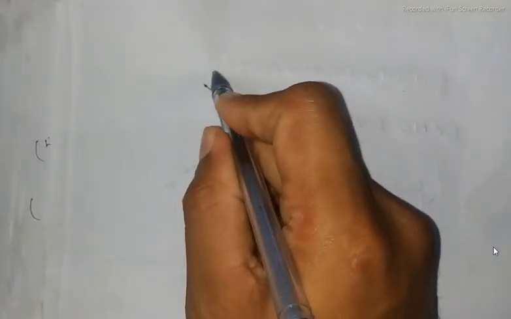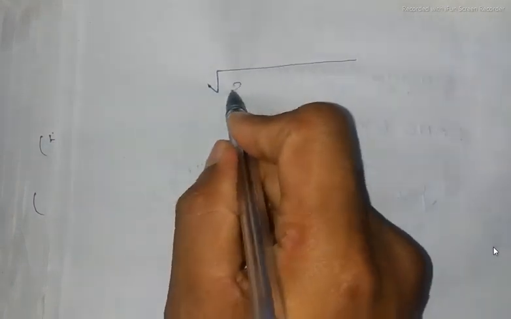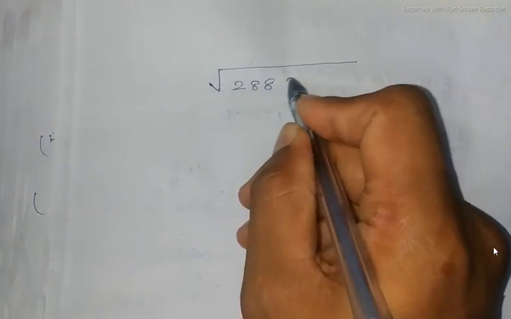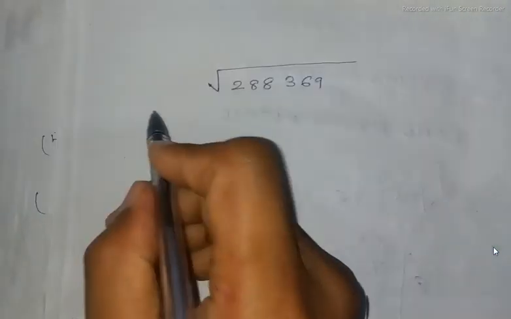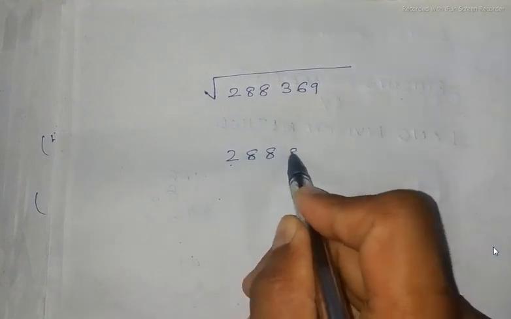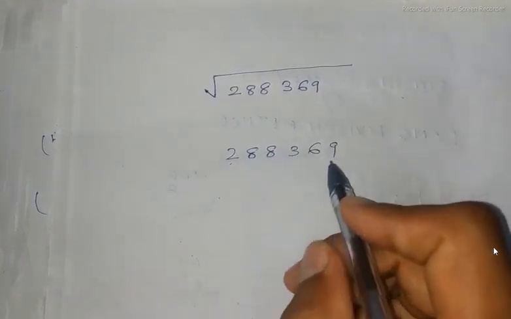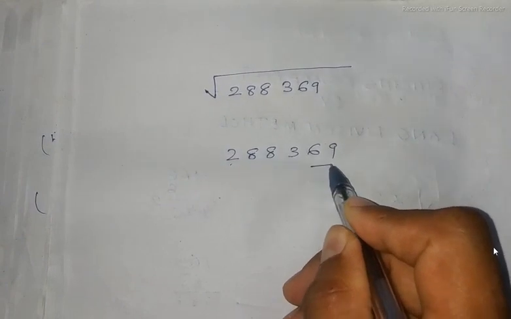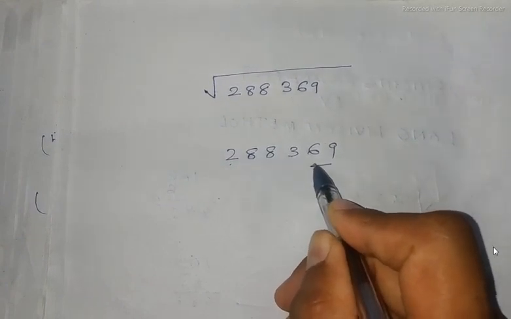We have to find the square root of 288369. Our first step was pairing of numbers from right to left.